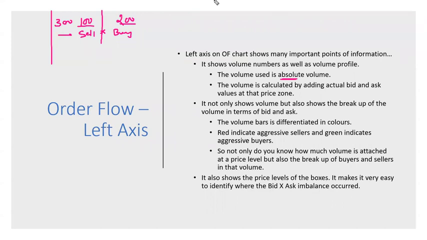Then it not only shows volume, but also the breakup of volume in terms of bid and ask. Go back to this example. At this particular box, there were, let's say, 200 buy orders and 100 sell orders.